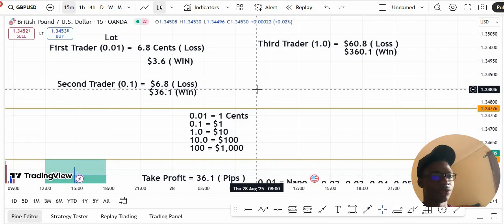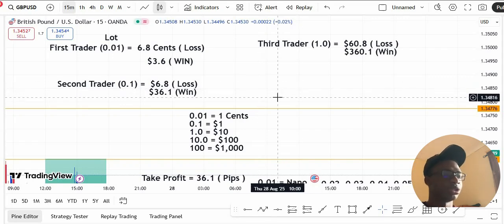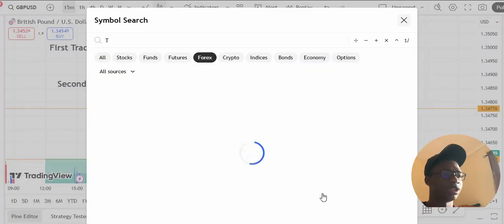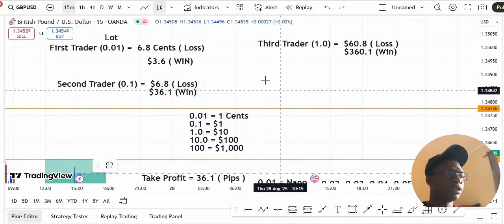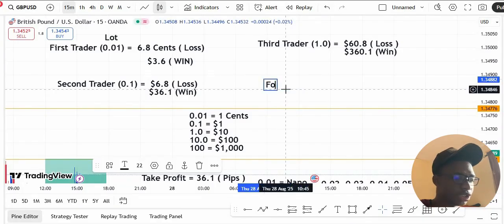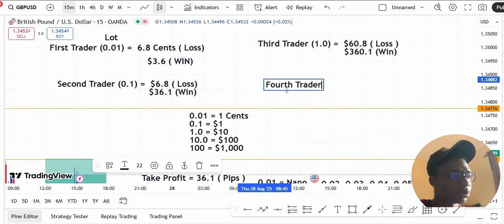Let's do 100. So the fourth trader is 100. Since it's simple, 100 lots is $1,000 per pip.